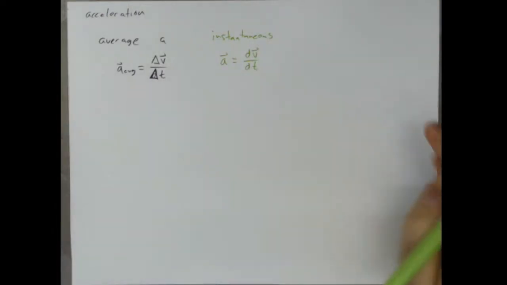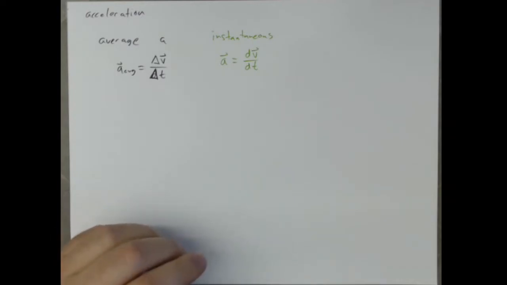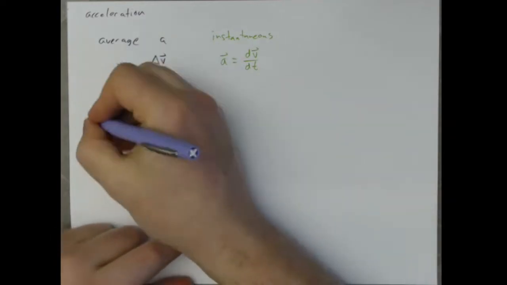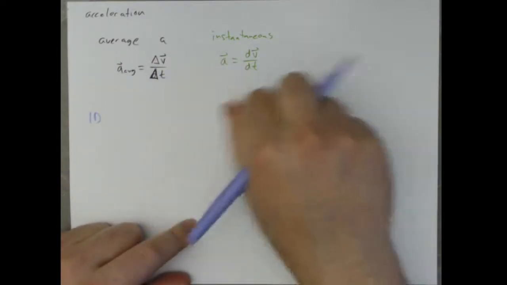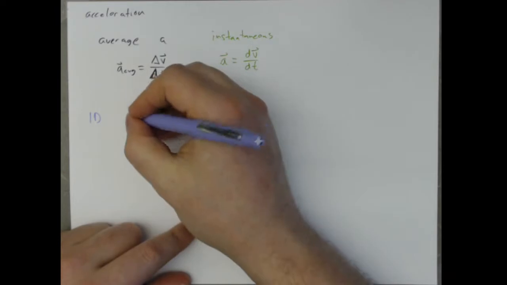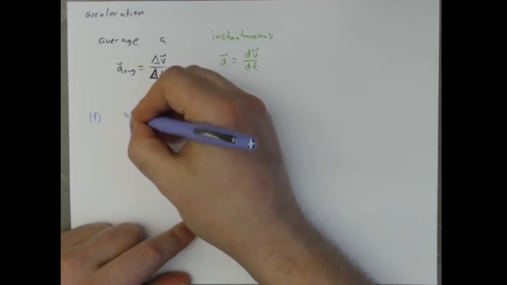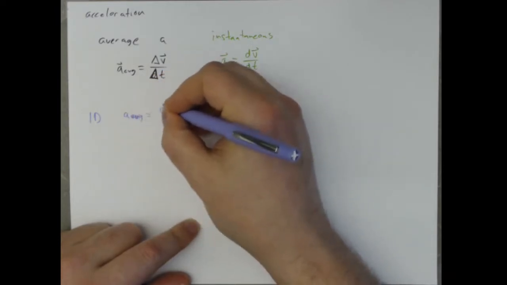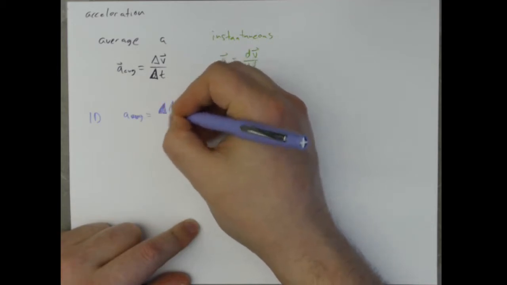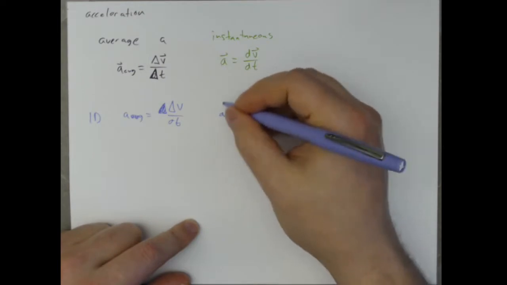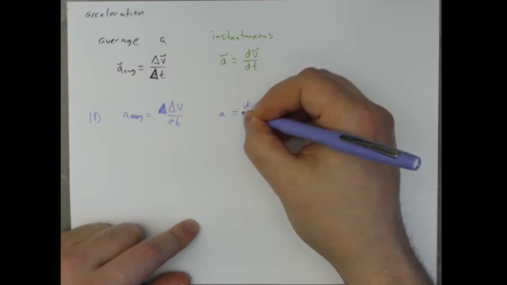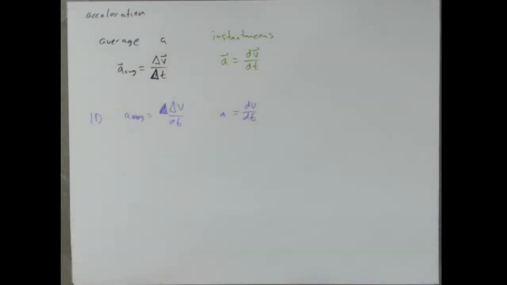And that's it. If we go to one dimension, we basically just remove all of the vector things. So the average acceleration is just delta v over delta t, and the instantaneous acceleration is just the derivative of the velocity with respect to time.